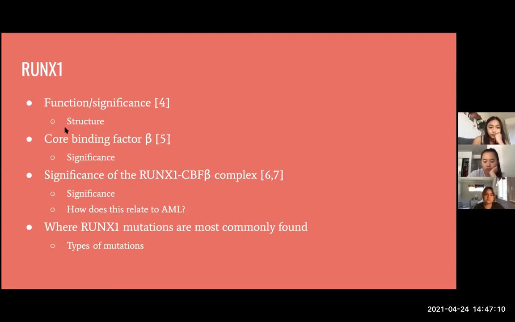As for structure, belonging to the RUNX gene family, the structure of the RUNX1 protein is characterized by the N-terminal RUNT domain. RUNX genes are responsible for the mediation of DNA binding and interactions with the heterodimeric core binding factor.